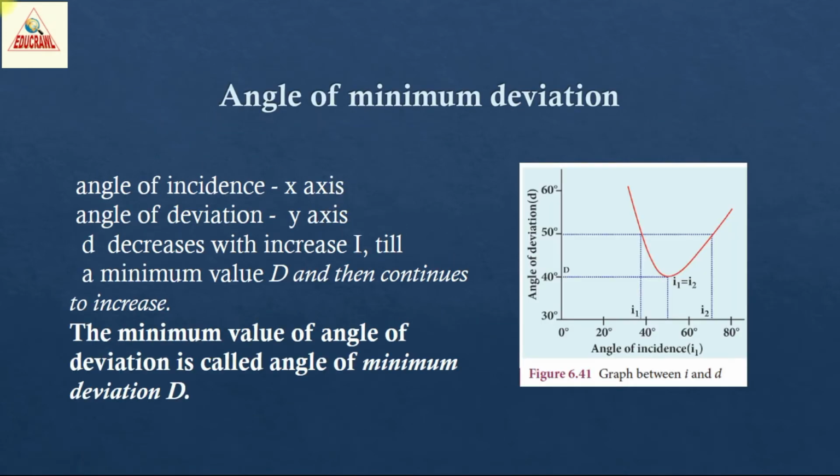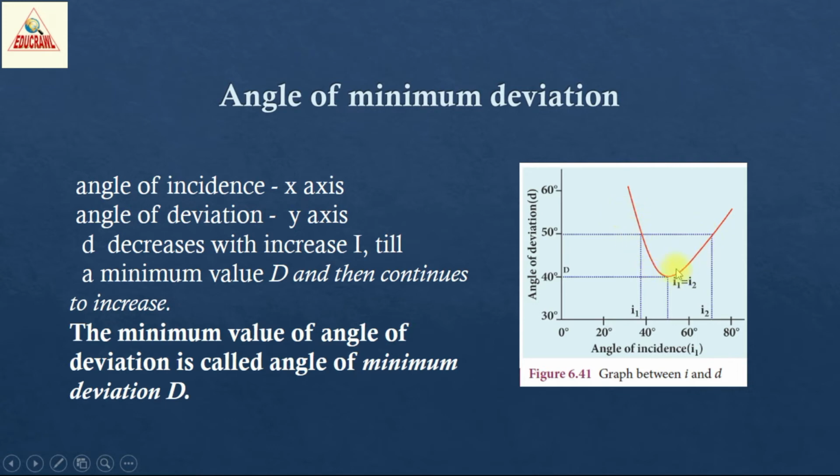Next, we will see what is angle of minimum deviation. For this, we draw a graph in which we take angle of incidence on the x-axis and angle of deviation on the y-axis. Now we are increasing the angle of incidence. See the graph. When the angle of incidence is increasing, the angle of deviation is decreasing. There is a minimum value of D, after which, if you increase the angle of incidence, the angle of deviation starts increasing.